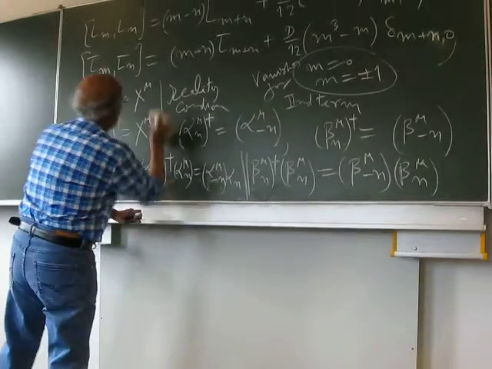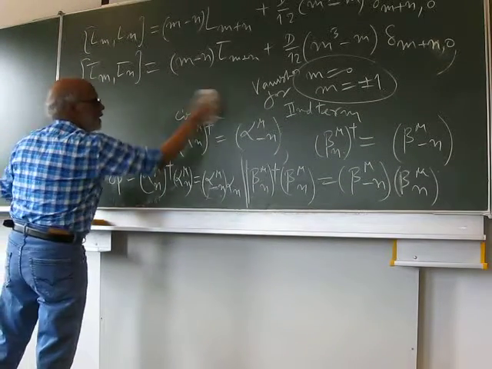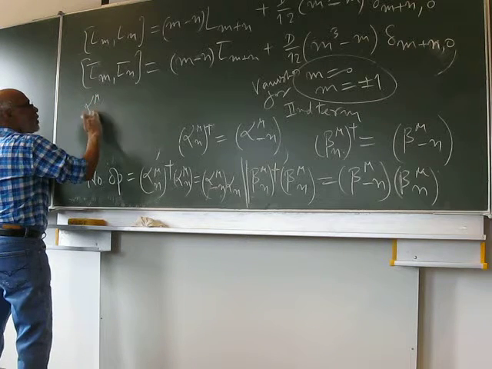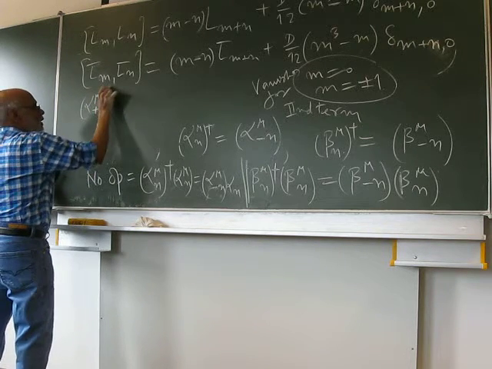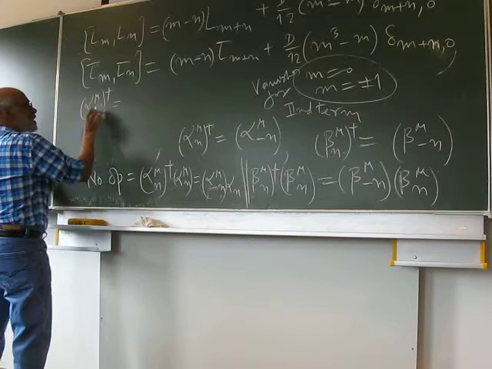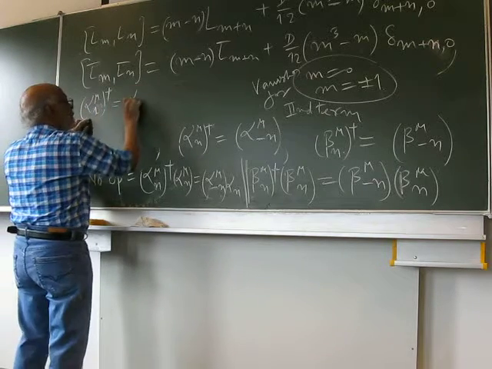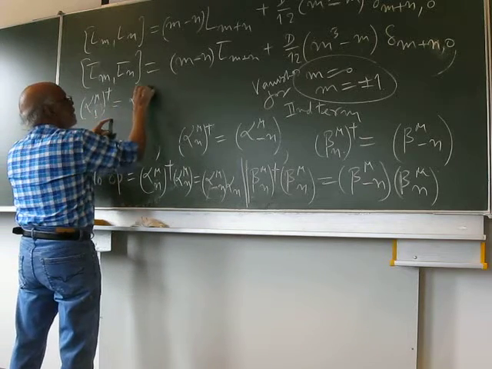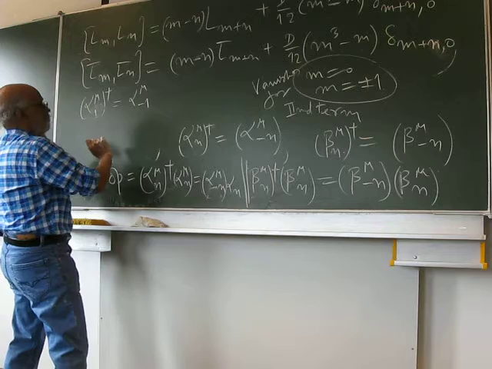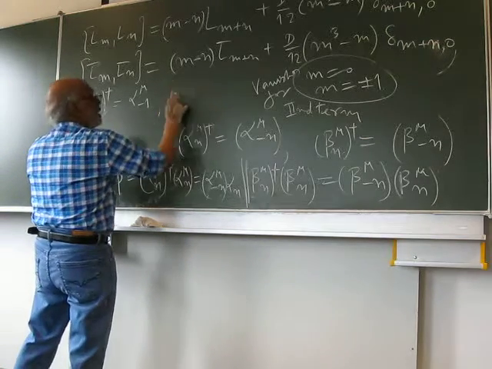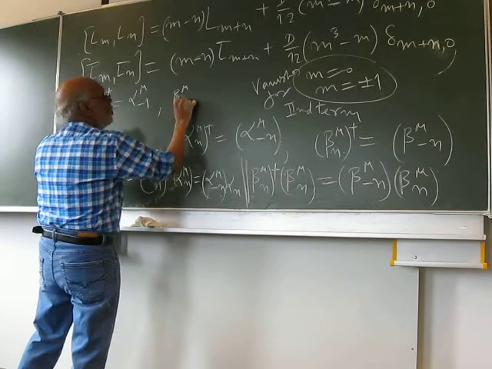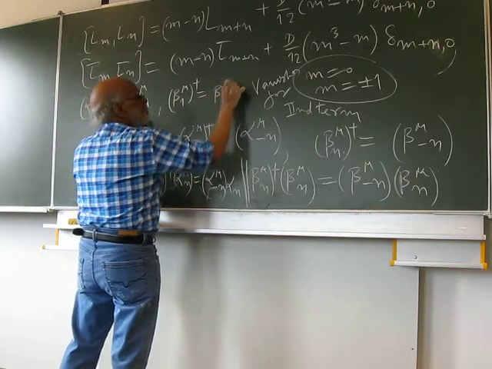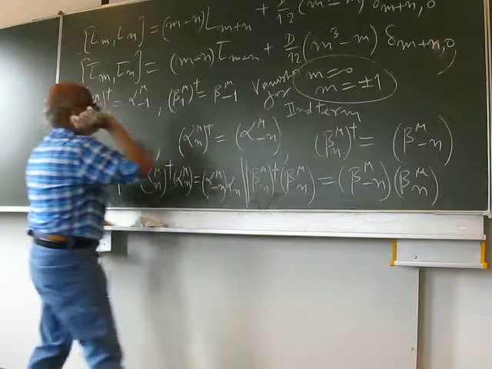So let me better take an explicit example. Alpha^mu_{+1} dagger, plus 1, it is enough to write 1. This would be alpha^mu_{-1}, and beta^mu_1 dagger is beta^mu_{-1}.